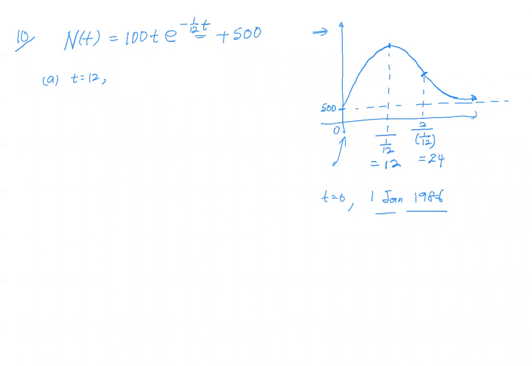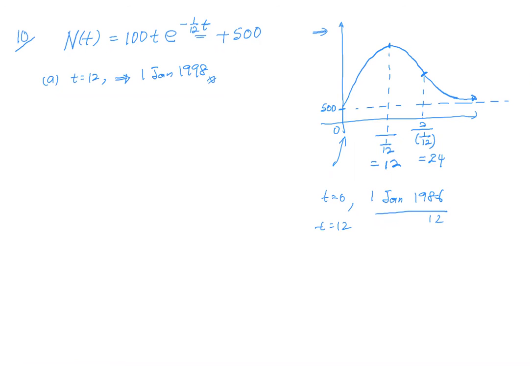So it's good for us to change this to 1st January, what? T equal to 12 plus 1986, 12. Yeah, 1998. Are you clear? So you're done with the first part.